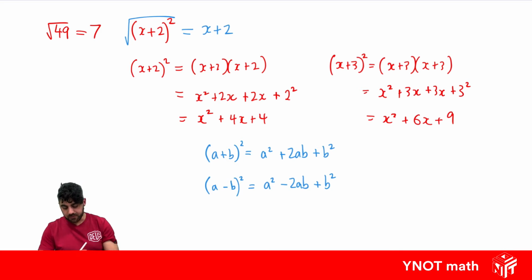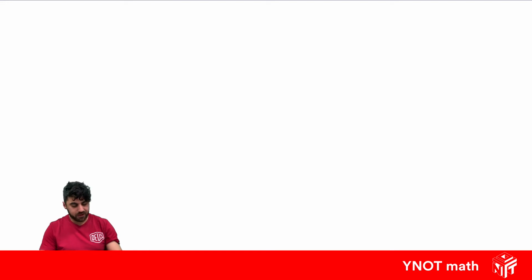So that's expanding, but how are we going to be able to go the other way and factorize? Let's have a look at x squared plus 10x plus 25. How are we going to look at maybe factorizing this?